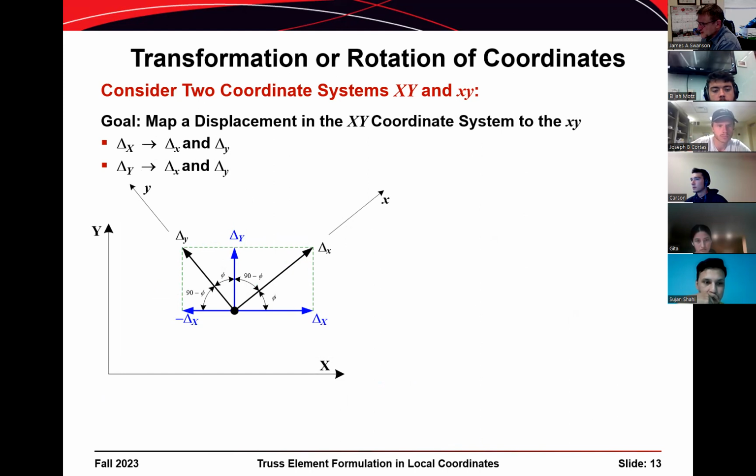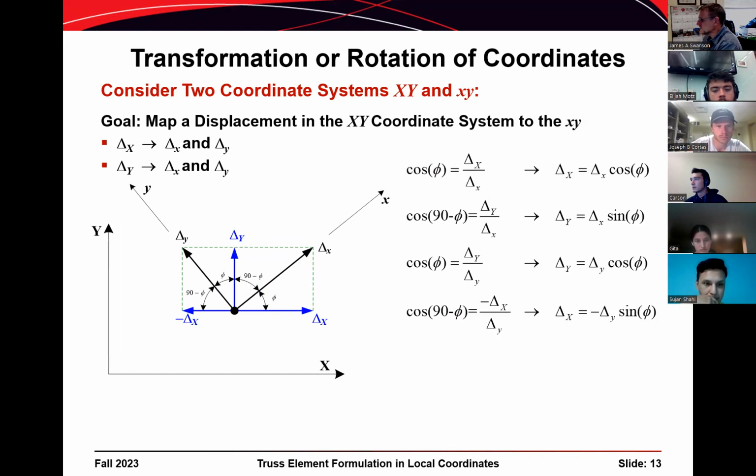So it's the same approach, except the geometry works a little bit differently. So we have these four relations again. Delta big X is equal to delta little x times cosine of phi. Delta big Y is equal to delta little x times the sine of phi. Delta big Y is equal to delta little y times the cosine of phi. Delta big X is equal to the opposite of delta little y times the sine of phi.